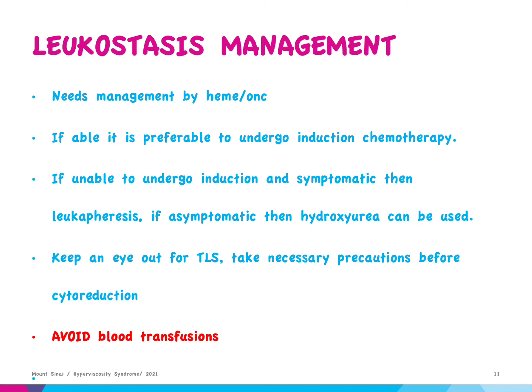Same with the theoretical increase in viscosity and counteracting that compensatory mechanism of decreasing red blood cells, like I mentioned. And in terms of leukapheresis, with APL in particular, you have to be careful about thrombosis secondary to vascular access.